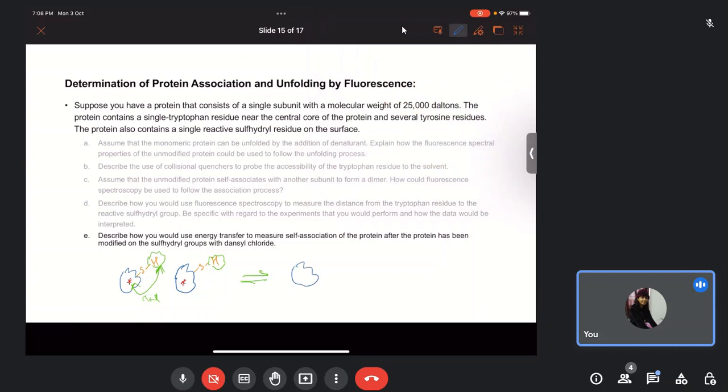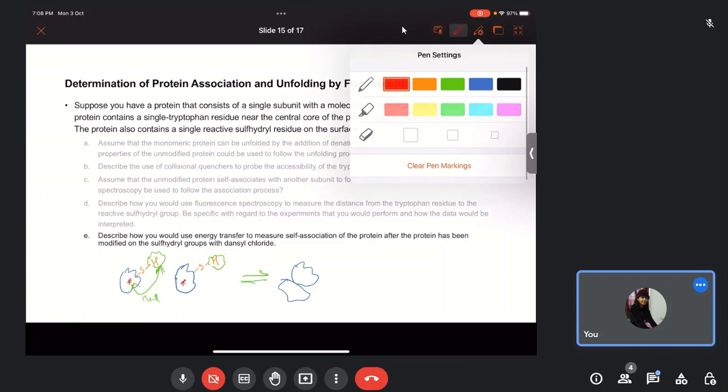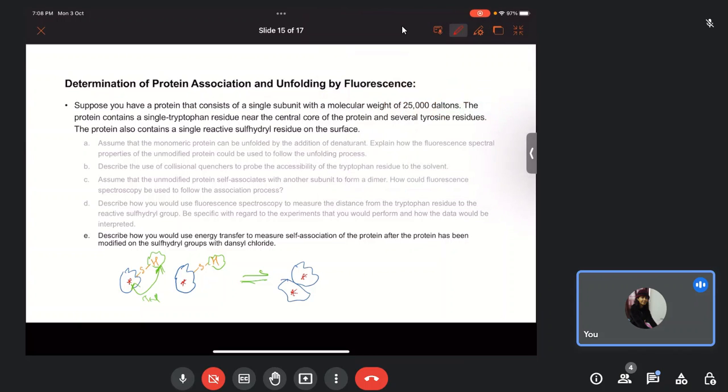You have the protein and the other protein, with tryptophans in the middle and an SH, and the SH is very close to the tryptophan of the other monomer. In this particular case, there can be a FRET transfer from the sulfhydryl group attached to dansyl chloride to the tryptophan of the nearby residue.